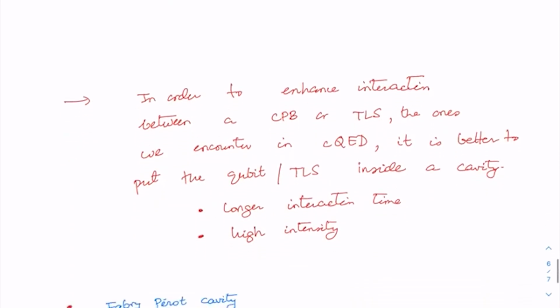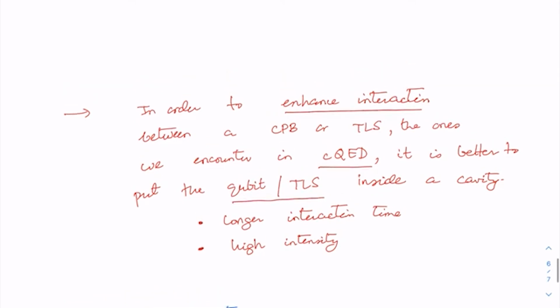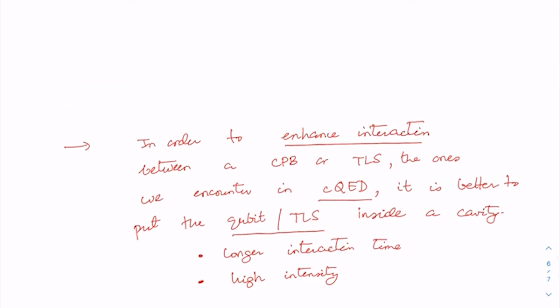In order to enhance the interaction between a Cooper pair box, or the two-level systems we encounter in circuit quantum electrodynamics, it is better to put the qubit inside a cavity, because that will ensure longer interaction time, and also it will enable us to have higher intensity of the microwave radiation inside the cavity.